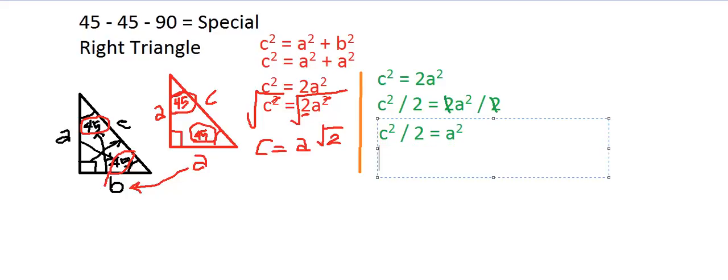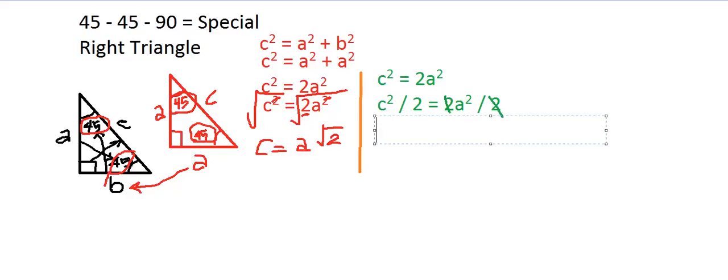So again, let me type it for you. This is now c squared over 2 is equal to a squared. We are going to take the square root of each side.